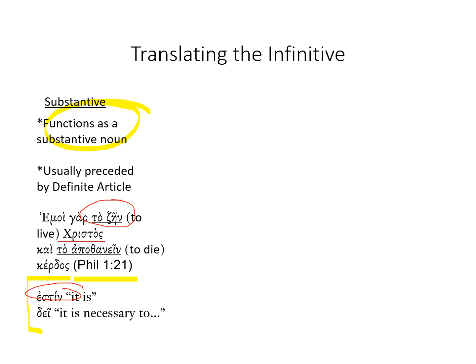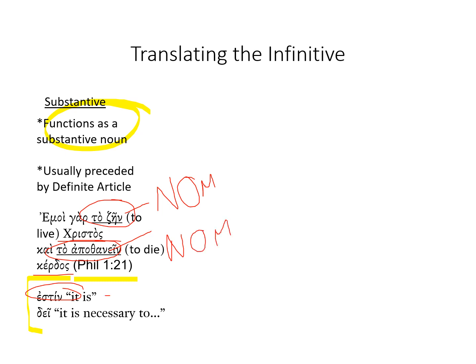Christos is our predicate nominative. And to die, in the next clause, to apothanein, that's the subject. To die is kerdos. And kerdos then would be our predicate nominative. So to and to here, these are both subjects, and as such they are both nominative.